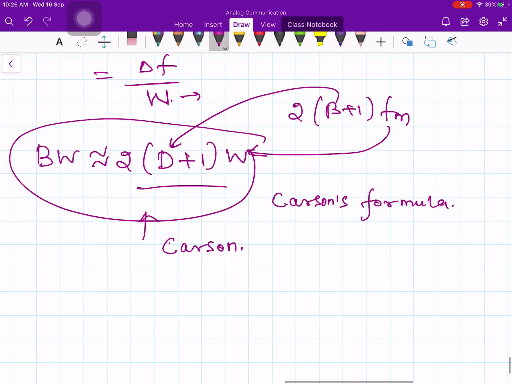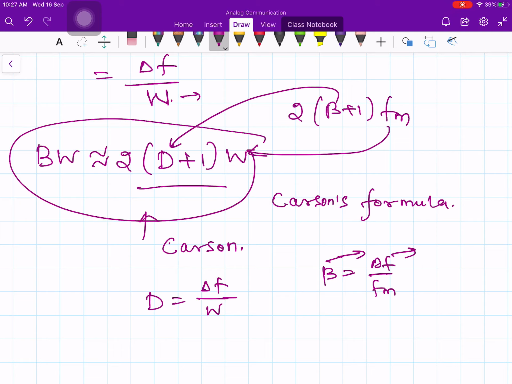Now again, in this general case also, whether you will have narrowband FM or wideband FM depends on the value of delta f. That is another way of looking at it. When beta is large, delta f is large, because beta is equal to delta f by fm, and here D is delta f by W. If delta f is large, then beta is also large.